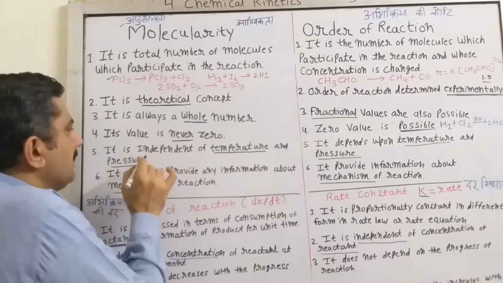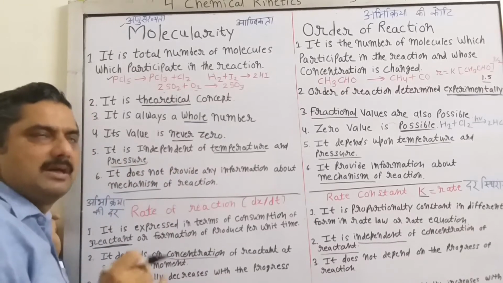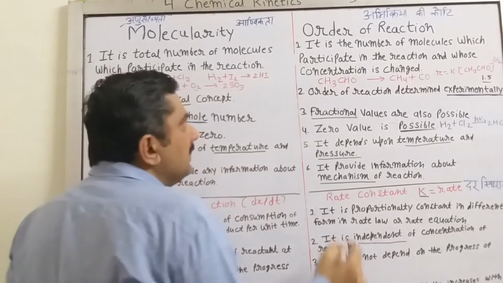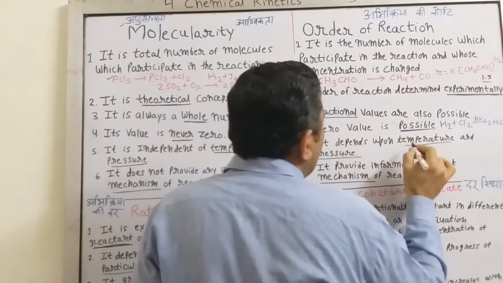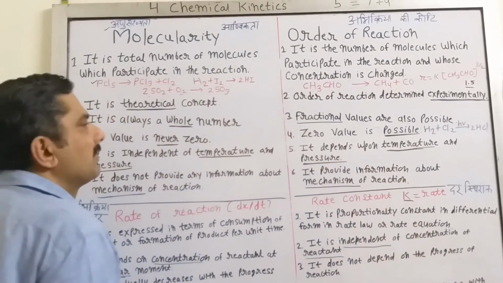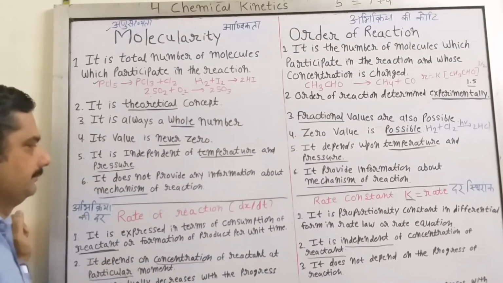Molecularity is independent of temperature and pressure. There is no effect of temperature and pressure on molecularity. While order of reaction depends upon temperature and pressure. Temperature and pressure play an important role in calculating the order of reaction.